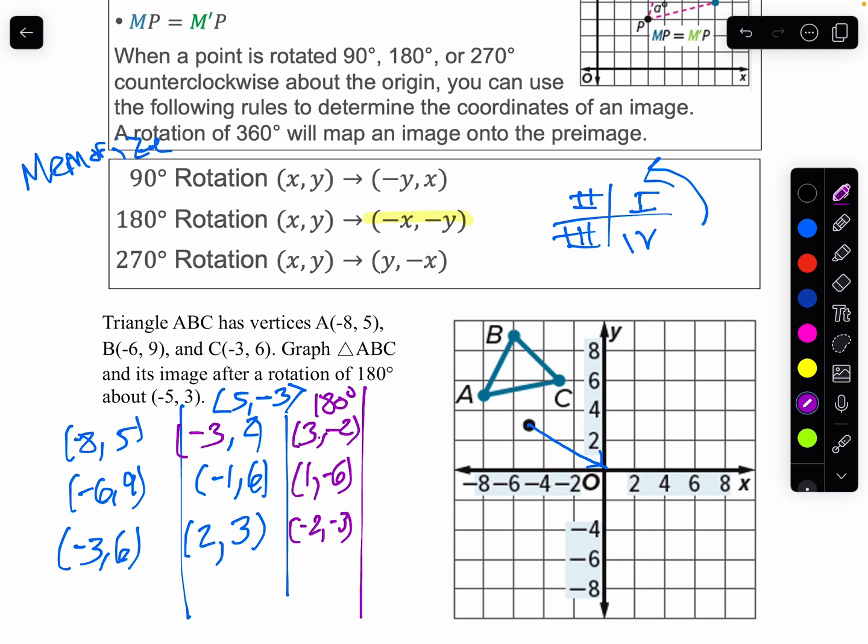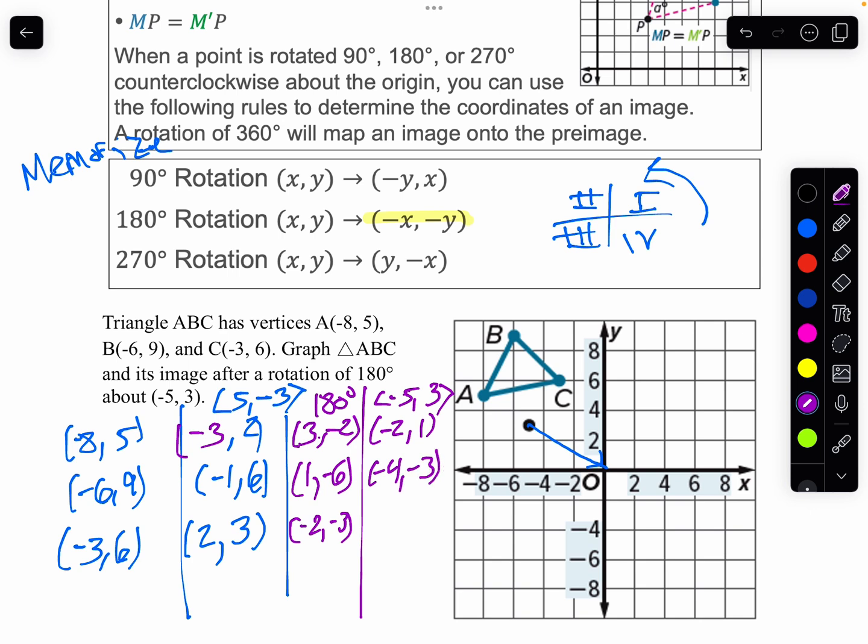So then I'm going to do negative 5 and positive 3, provided I can add and subtract like I'm supposed to. So 3 minus 5 is negative 2 and 1. 1 minus 5 is negative 4 and negative 3.